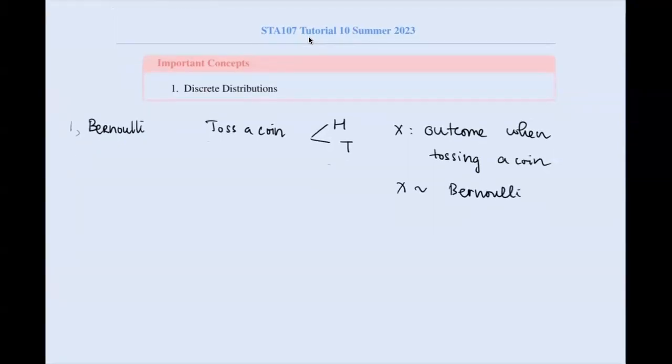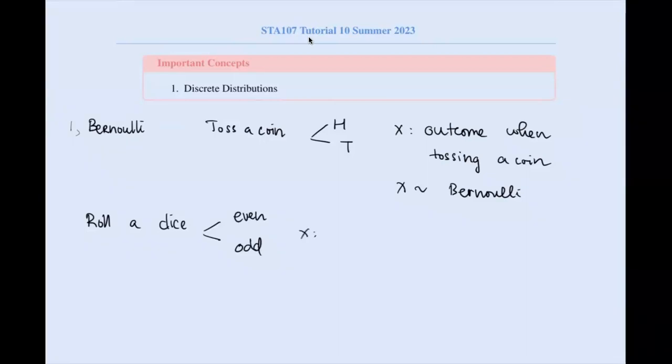And similarly, for example, if you roll a dice, it depends on how you look at the experiment. If the outcome you look at is 1, 2, 3, up to 6, and X denotes the outcome of rolling a dice, then X does not follow a Bernoulli distribution. However, if your outcome is getting even or odd, then in this case your possible outcomes are only 2.